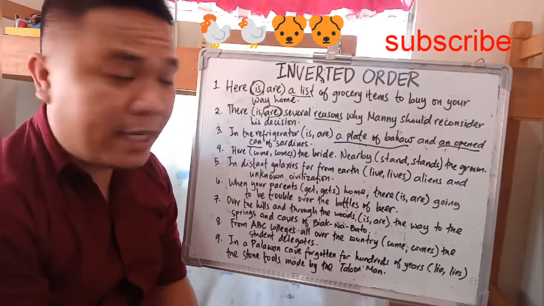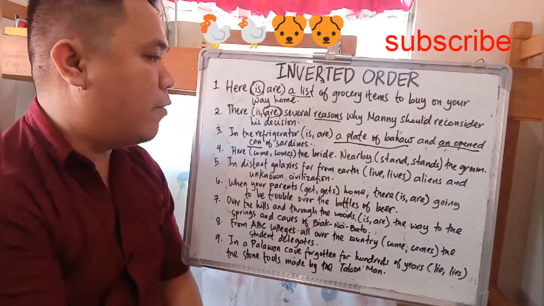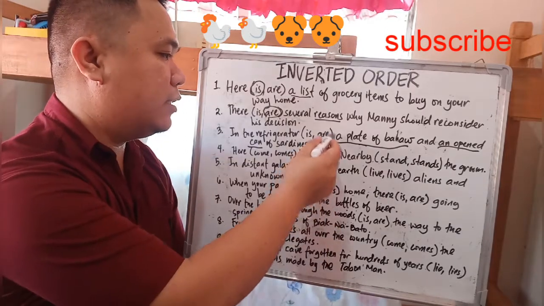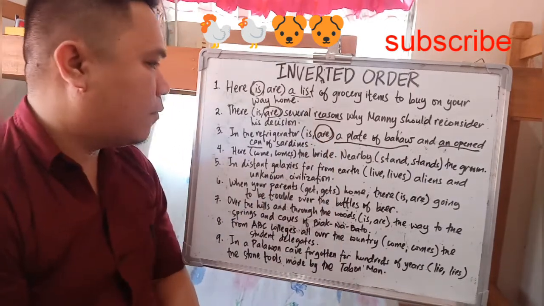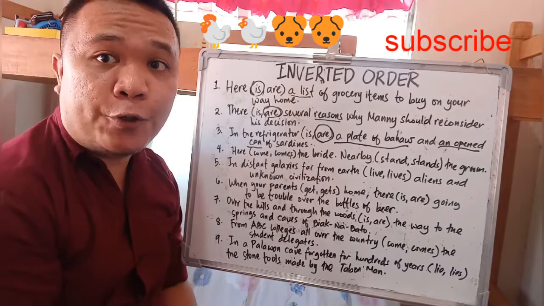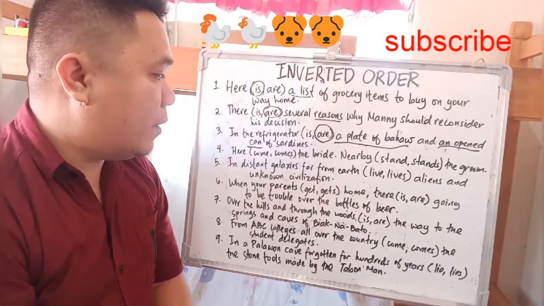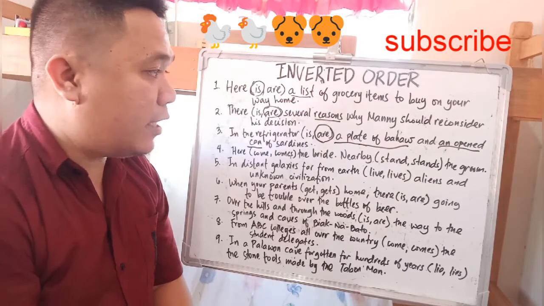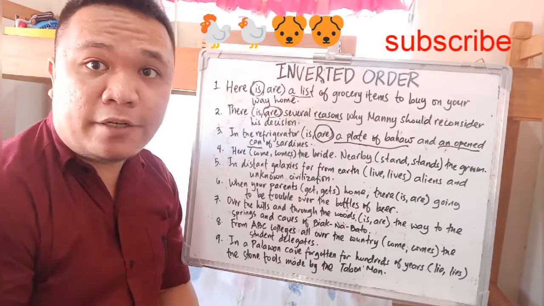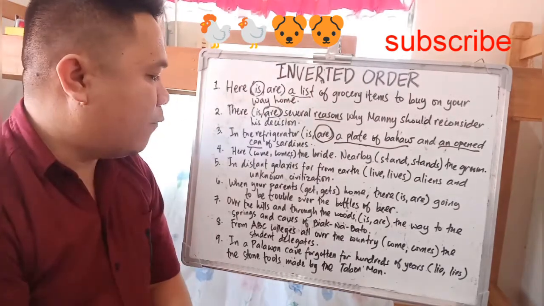So that's plural, and we need a plural verb. The plural verb here is are. So the natural order of the sentence is: a plate of bahaw and an open can of sardines are in the refrigerator.